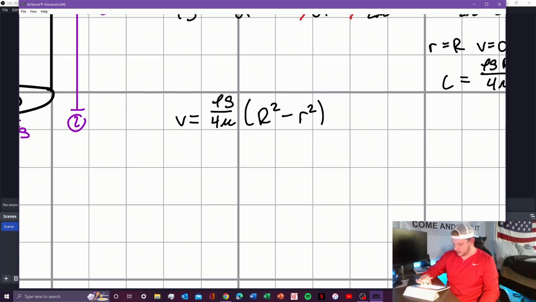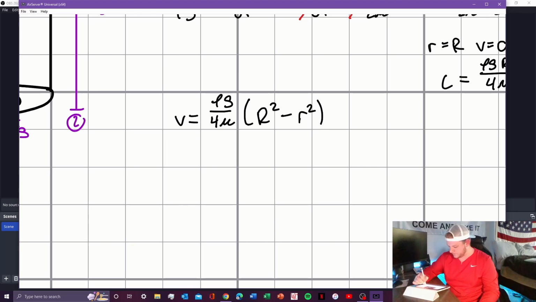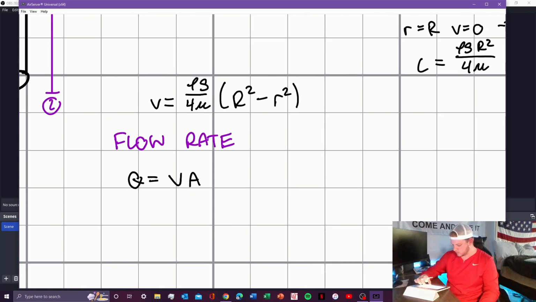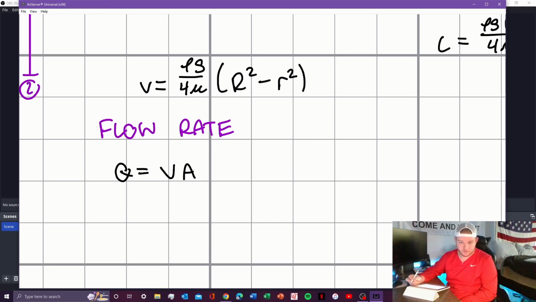So the next thing we need to talk about is the flow rate. The flow rate Q is equal to velocity times the area. The flow rate can be rewritten as the integral of v times the differential area.